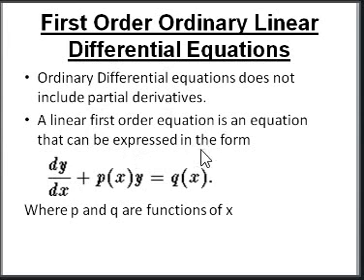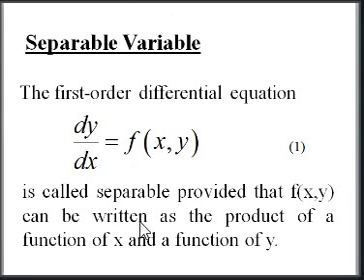A linear first order equation is an equation that can be expressed in the form dy/dx + P(x)y = Q(x), where P and Q are functions of x. Separable variables: the first order differential equation dy/dx = f(x, y) is called separable provided that f(x, y) can be written as the product of a function of x and a function of y.